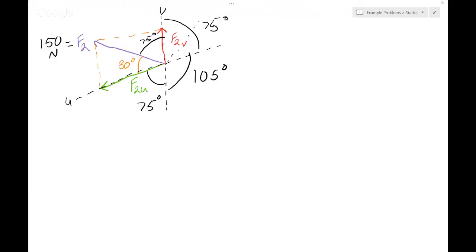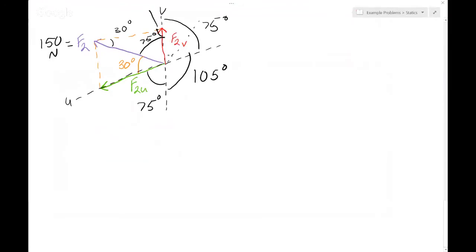And so we know that this leg is 75. We can then determine that since this is going to be the same as that angle, it'll be 30 degrees.